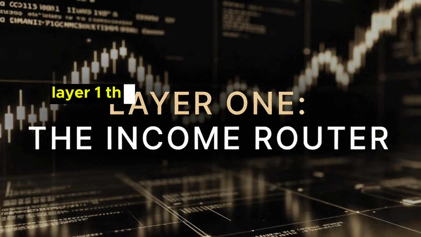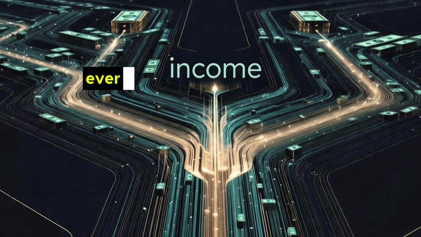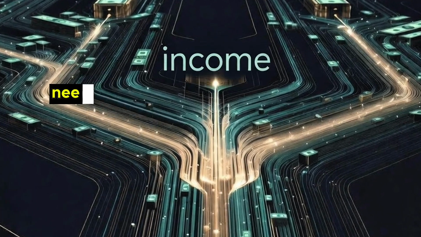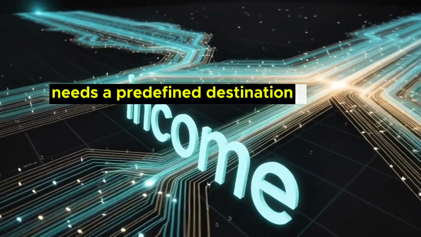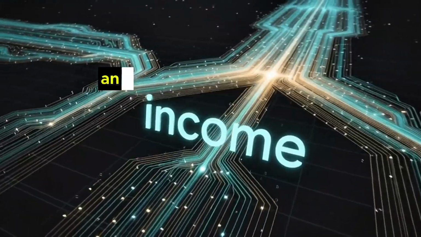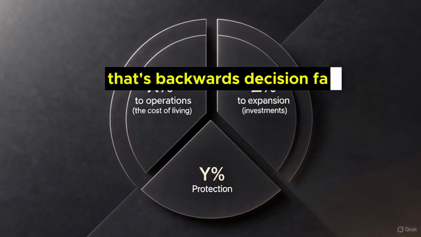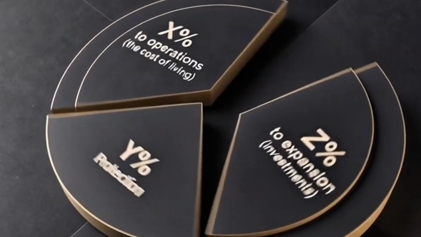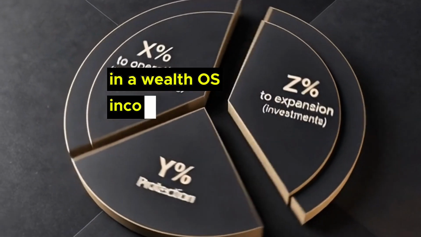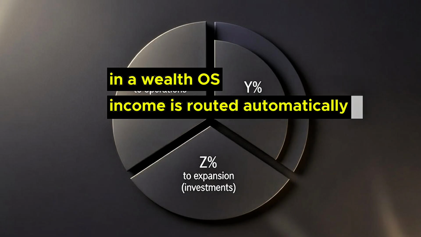Layer 1. The income router. Every dollar that enters your life needs a predefined destination. Most people earn money and then decide what to do with it. That's backwards. Decision fatigue kills discipline. In a wealth OS, income is routed automatically.